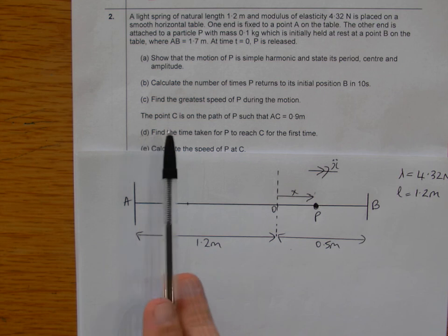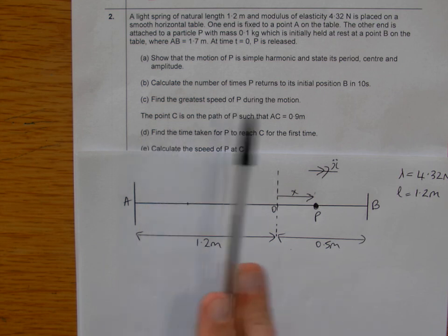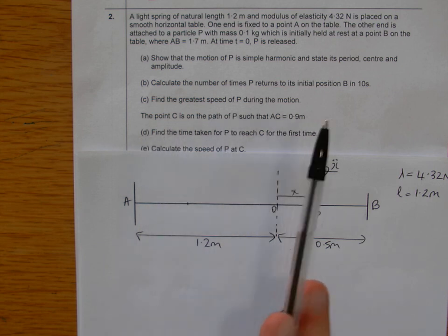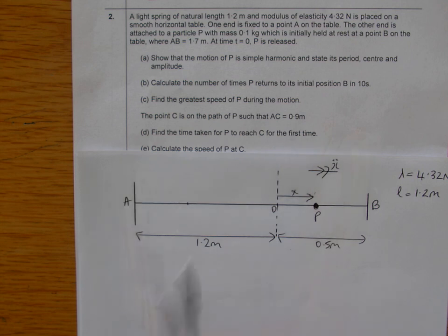In part A, it says show that the motion of P is simple harmonic and state its period, center, and amplitude. Now, to show that it's simple harmonic, it's no good considering it at B initially, because there it's held at rest and it's not performing SHM, it's just been held there. So we need to consider it in motion.